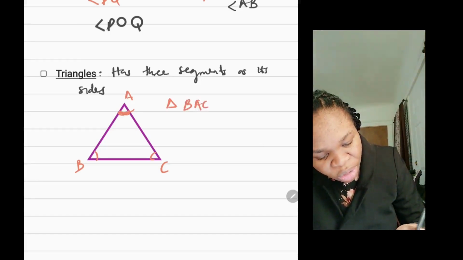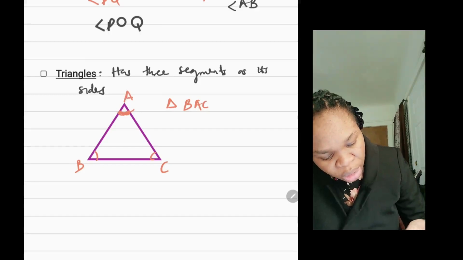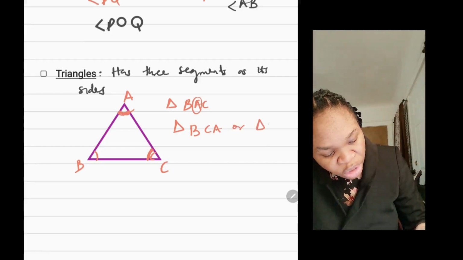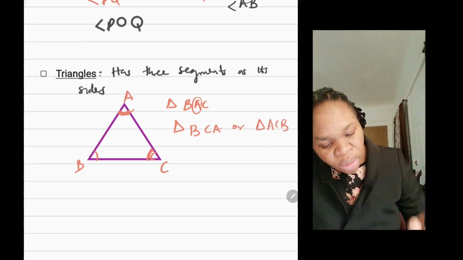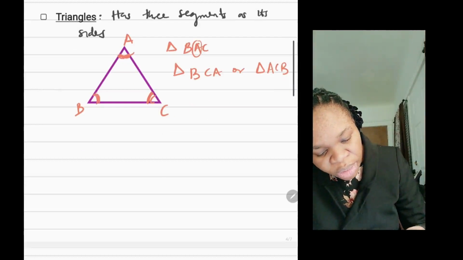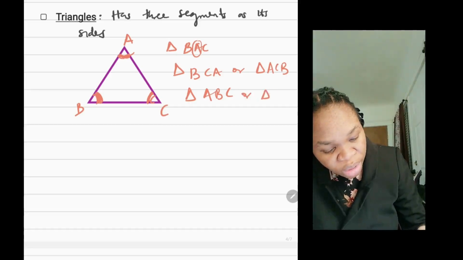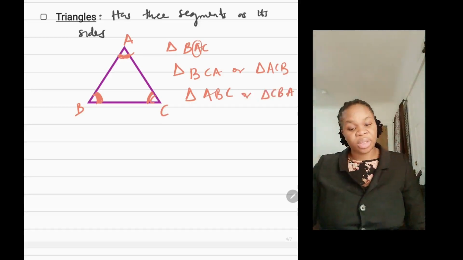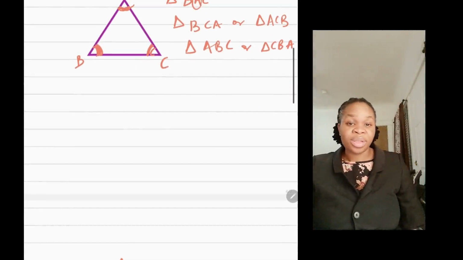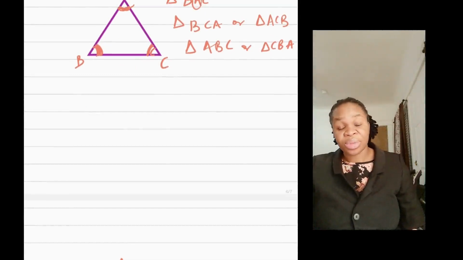So the angle I'm looking for will be at the middle. If I'm looking for this angle, I can have BCA, or you can call it triangle ACB. Just make sure your C is at the center. So if I'm looking for this angle, I have triangle ABC or triangle CBA, depending on what you want to call it. So that's all about point, line segment, angles, and triangles.